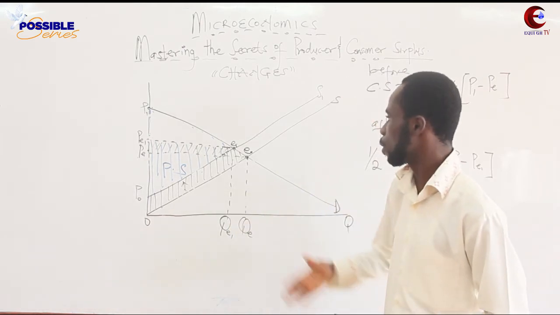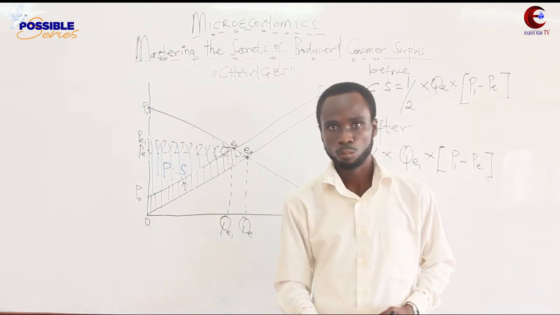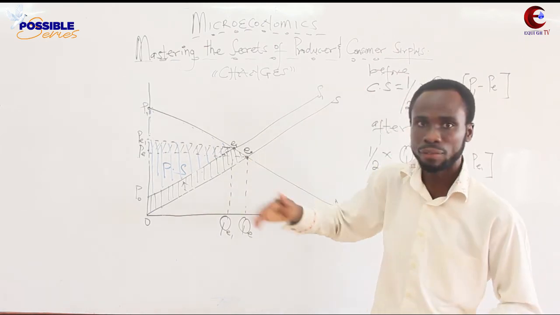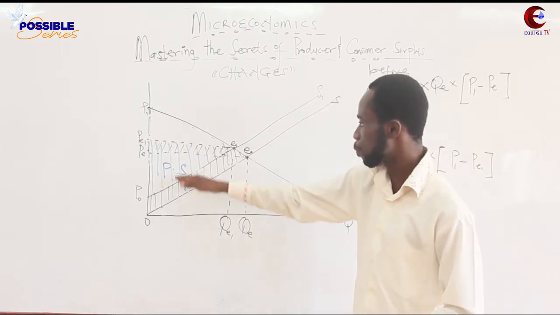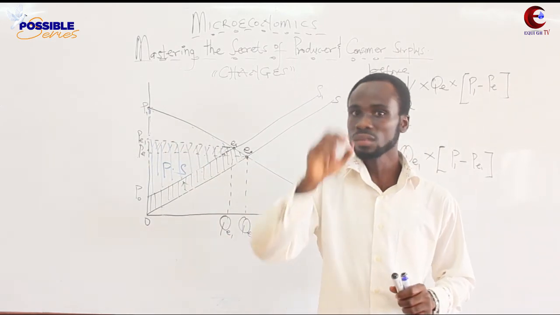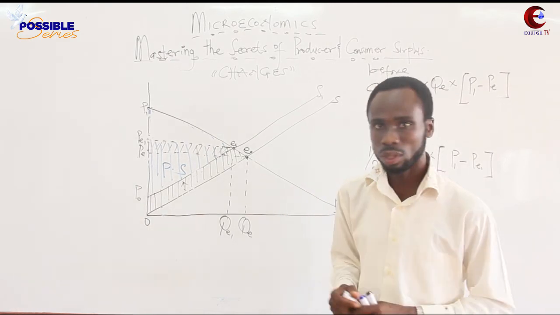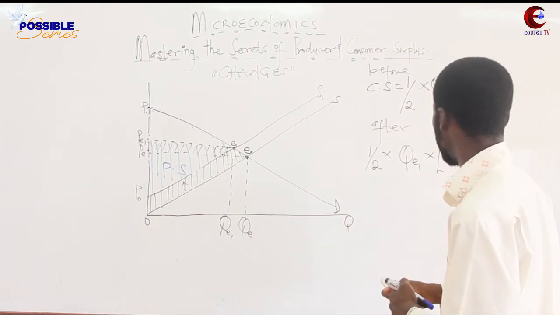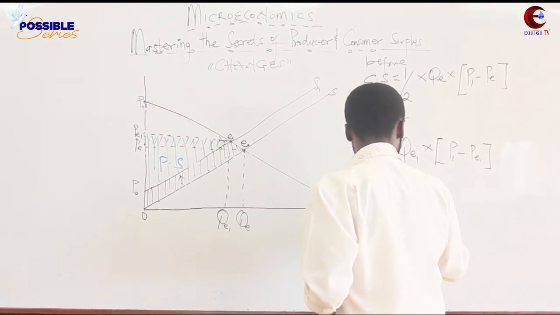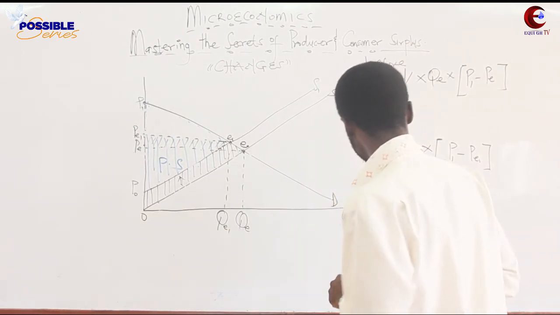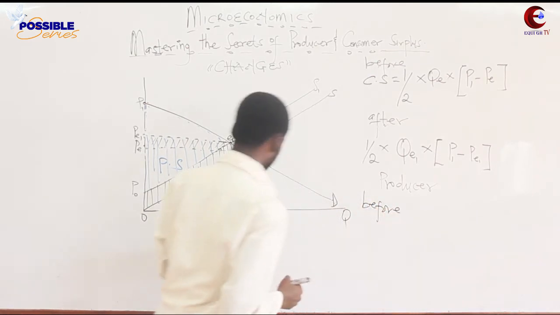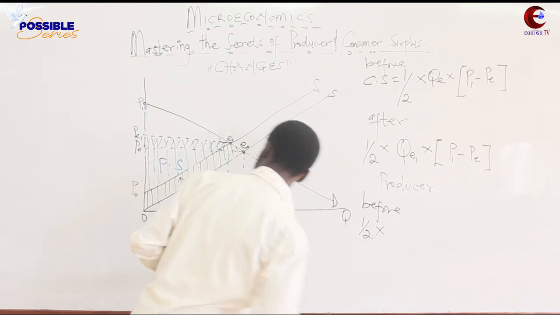So we are saying that when the equilibrium price and the equilibrium quantity change, or the supply curve or the demand curve change, automatically the producer surplus and the consumer surplus are going to change. That is the idea. And when they change, how are we going to calculate them? Now looking at the formula for producer surplus, before the change, it was half times the base.